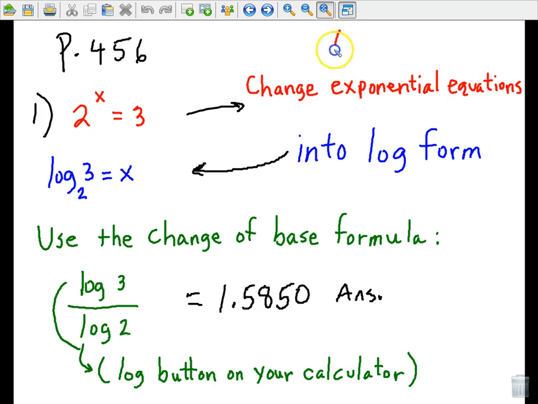Now, if you have one of those calculators that automatically displays the left parenthesis, you're going to have to enclose it with the right. That will mess up your answer if you don't. So you've got log 3 divided by, now you're going to press the log button again and put in the bottom number. It's easy to remember because the top number is the numerator, log 3, divided by log of the base.